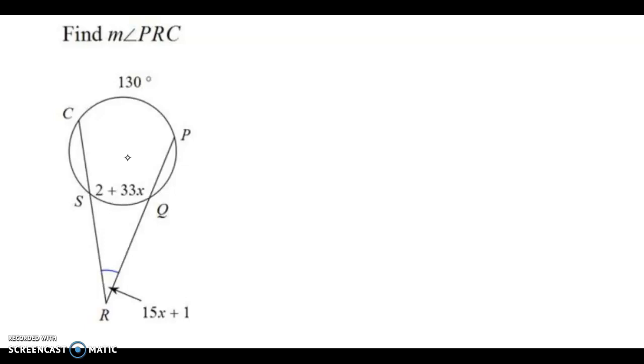So we're going to set up our equation, and we need to set up that equation so we can figure out what x is equal to. So I'm going to start with 15x plus 1 is equal to half. And then I'm going to start with the bigger arc, which is 130.